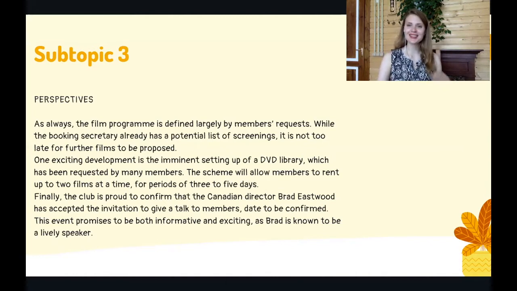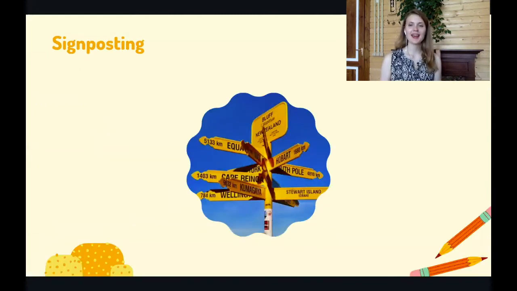And look at the next slide. When I teach reports, when I talk about reports with my students, I always show them this picture. It's a signpost, a pole with different names of places where you can go. And I always ask how this particular picture is connected with reports. I think you've already guessed, because there are 2 main things.